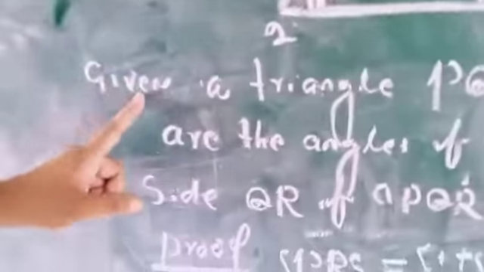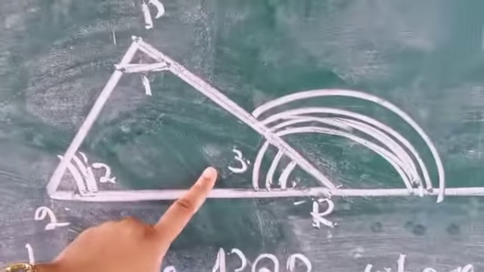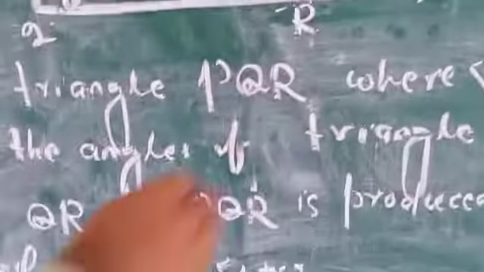So you see here I have written: given a triangle PQR where angle 1, angle 2 and angle 3 are the angles of the triangle.